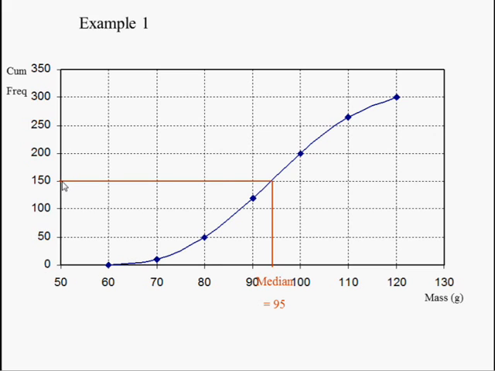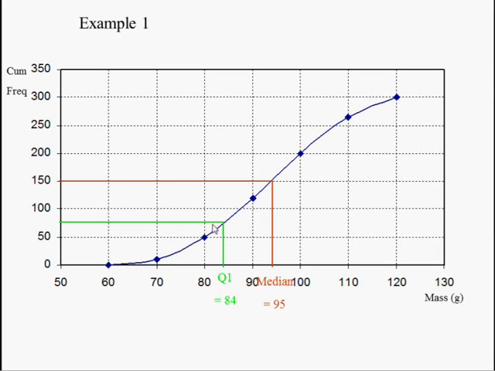Now we can take this median and divide that in half again. So we get the first quartile is 84. This number here is 75, because that's a quarter of 300. What's halfway between, half of 150 is 75.